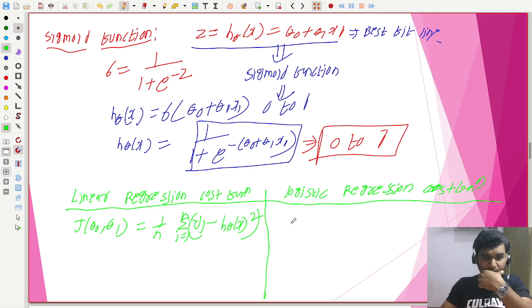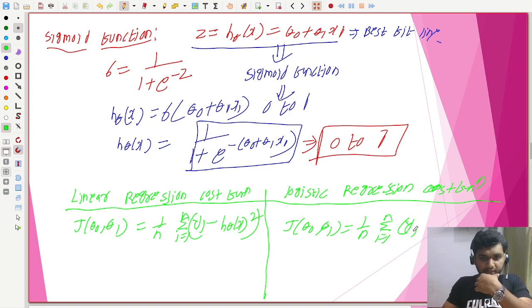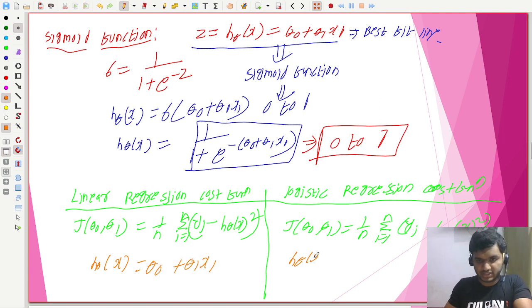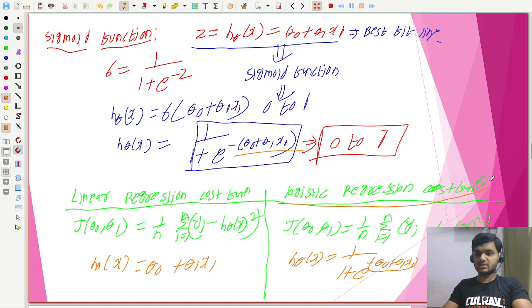In logistic regression, j theta 0 theta 1 is the same, 1 by n summation i equals 1 to n of yi minus s theta of x, whole square. The only difference is that here s theta of x equals theta 0 plus theta 1 x1, but in logistic regression s theta of x equals 1 by 1 plus e to the power minus theta 0 plus theta 1 x1. That is the difference between the logistic regression cost function and the linear regression cost function.